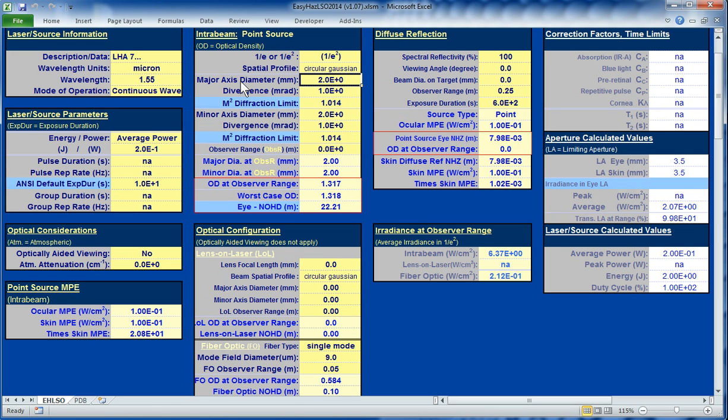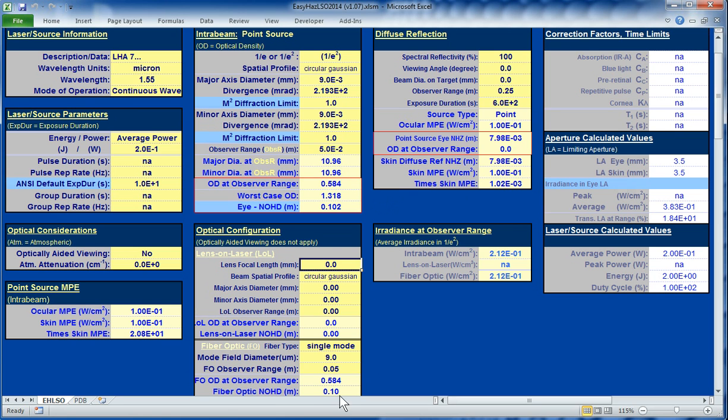So for a beam diameter of 9 microns, that would be 0.009 millimeters. And then we put a 1 in for M squared. Let's put our observer range at 0.05 and let's compare.